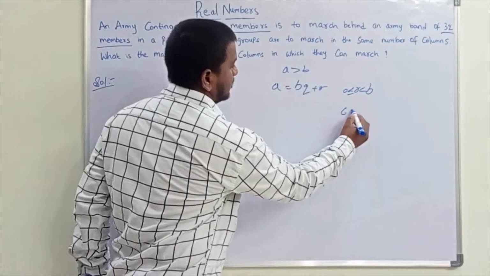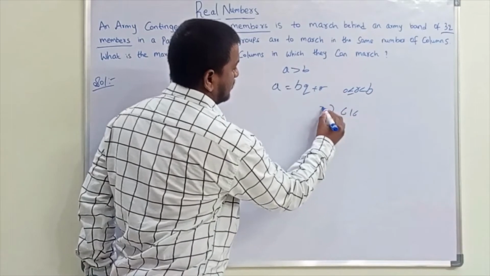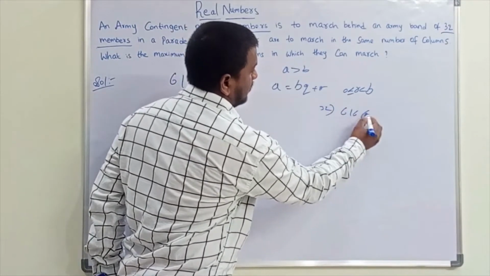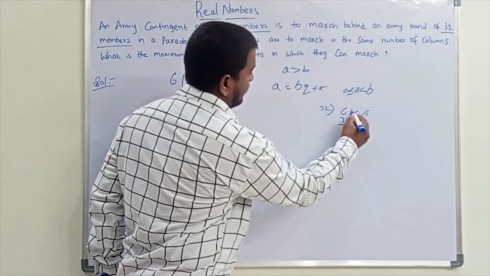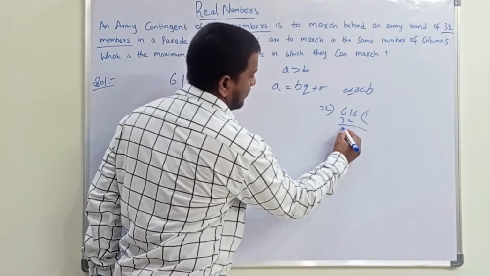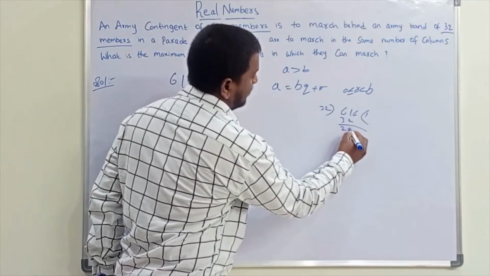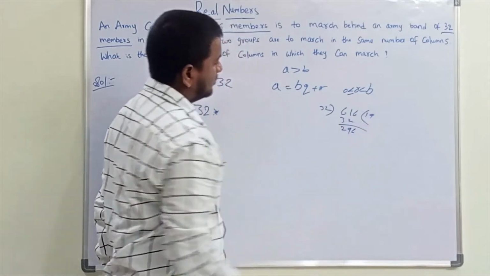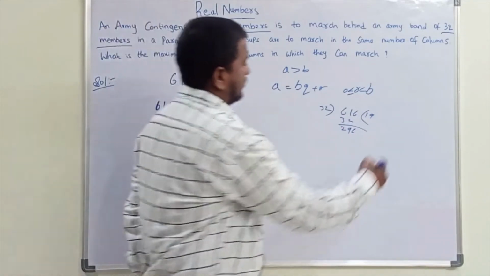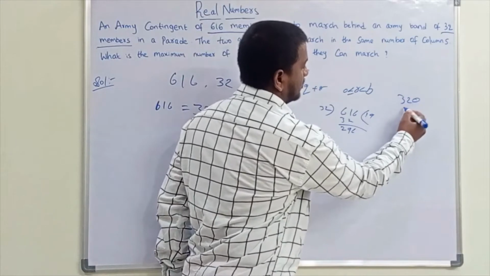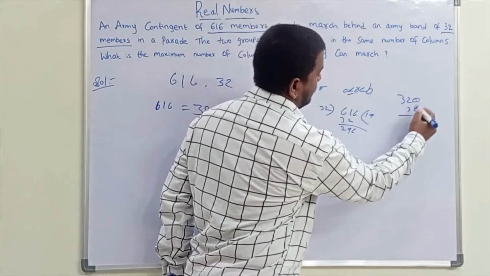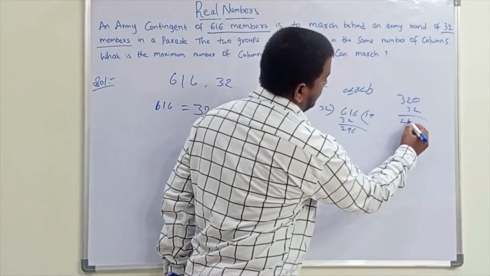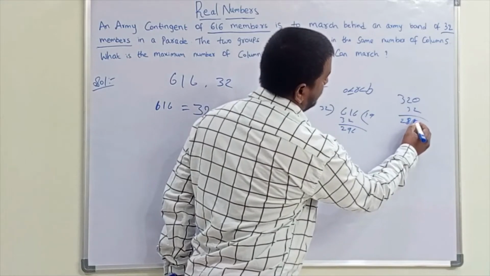So let's see here. Next, 29 here plus 6. So how many times? 9 times 16. Yeah, 10 times is 320 minus 32, so 288.